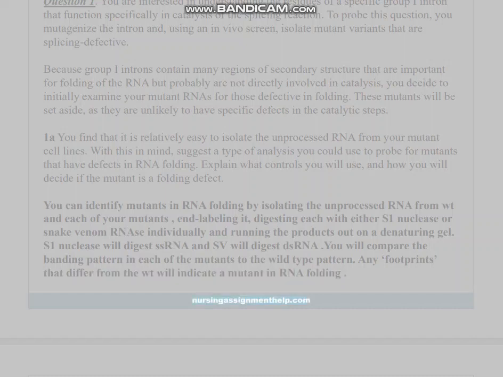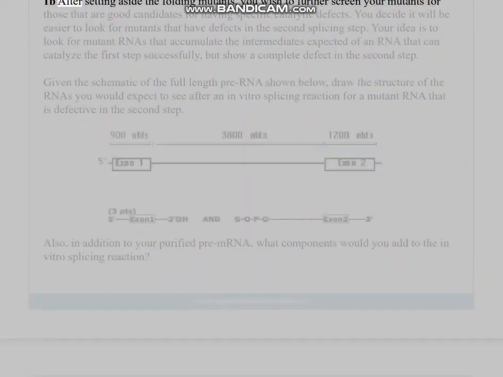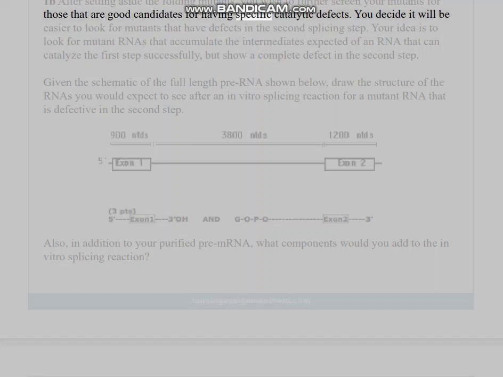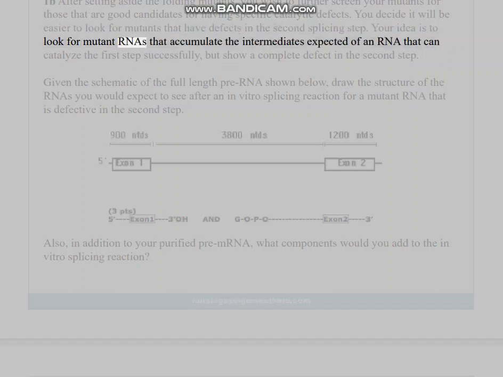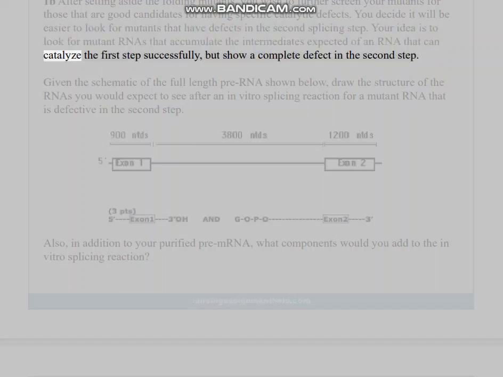1b. After setting aside the folding mutants, you wish to further screen your mutants for those that are good candidates for having specific catalytic defects. You decide it will be easier to look for mutants that have defects in the second splicing step. Your idea is to look for mutant RNAs that accumulate the intermediates expected of an RNA that can catalyze the first step successfully, but show a complete defect in the second step.